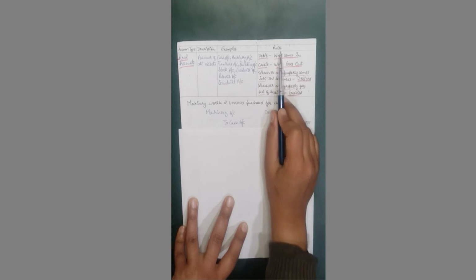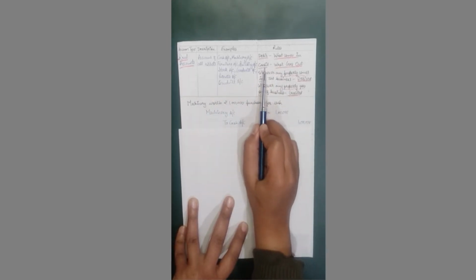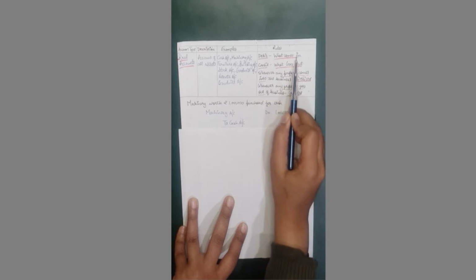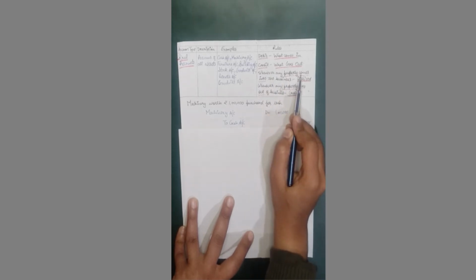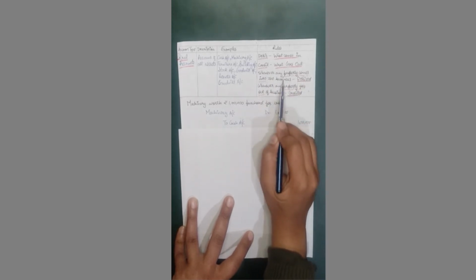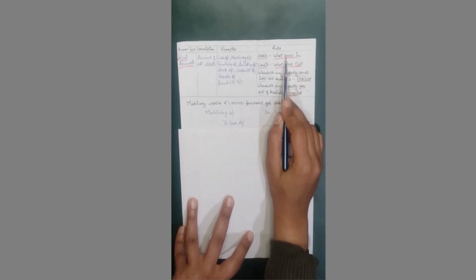Now, what are the debit and credit rules for the real accounts? The debit and credit rule says that debit what comes in, credit what goes out, right? If any property comes into the business, it will be debited. Debit what comes in, right?